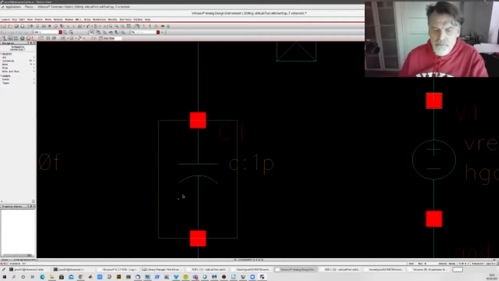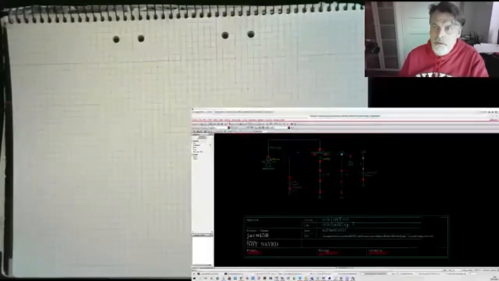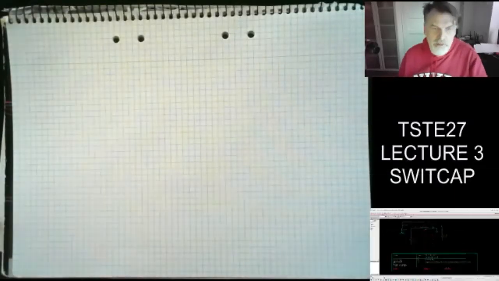And it has sort of zero driving capability. If I need this output voltage to drive something else, I can't do that with a pure charge on the cap. So I have to connect my operational amplifier or some sort of buffer that isolates this output voltage. So that's the plan for the rest of the lecture. So let's get rid of Cadence and see if we can do some simulations towards the end of the lecture.